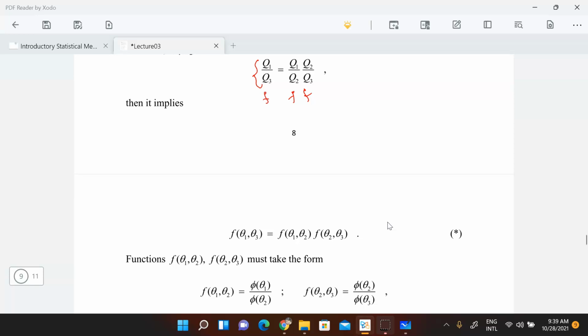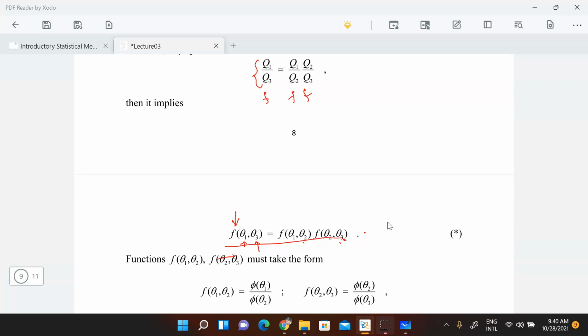It implies that we look at which temperatures each one is operating between. Remember the temperature is the state variable here. This is between theta1 and theta3. This one is between theta1 and theta2, and this one is from theta2 to theta3. And whatever this function is, it must obey this.